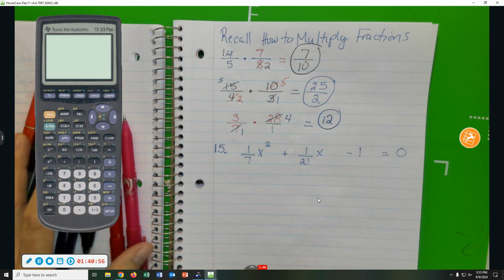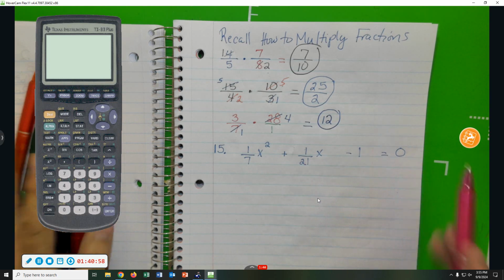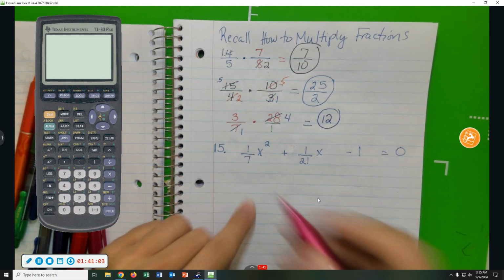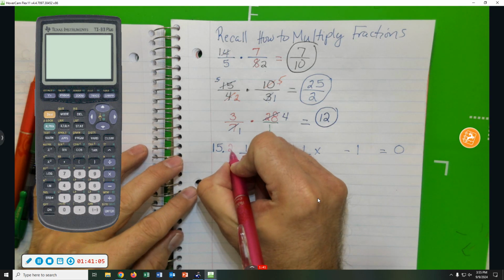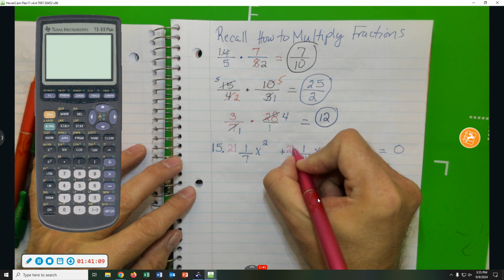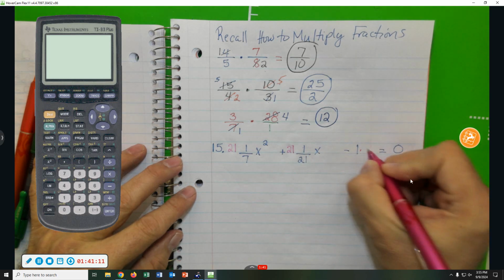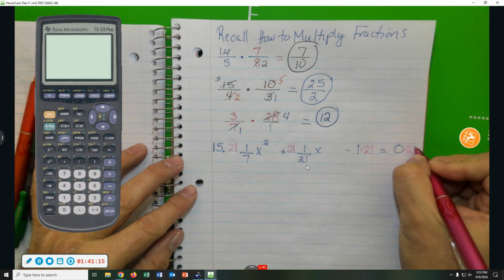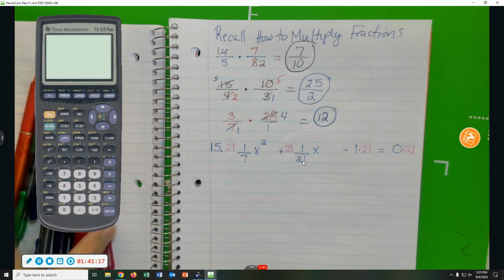So I don't multiply through by 7, I multiply through by, let me just do it so you'll see it. When you're adding fractions, you had to find common denominators. If you were going to add the fraction 1/7 or 1/21, your common denominator would be 21.